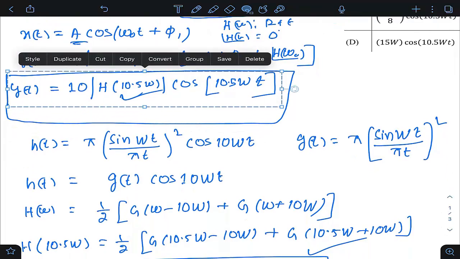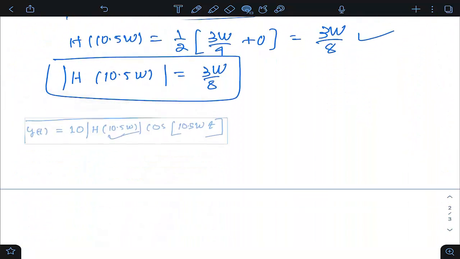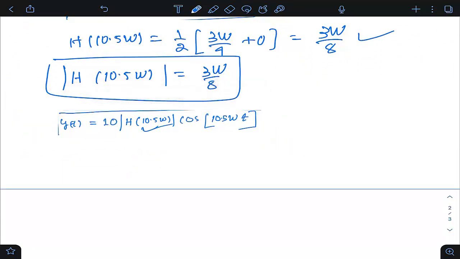So now you can simply substitute this quantity here. Your y(t) is equal to 10 into 3w by 8 into cos of 10.5wt. So 30 by 8 is 15 by 4.